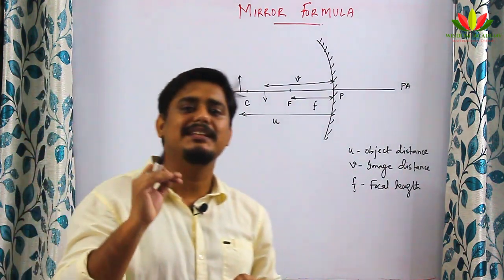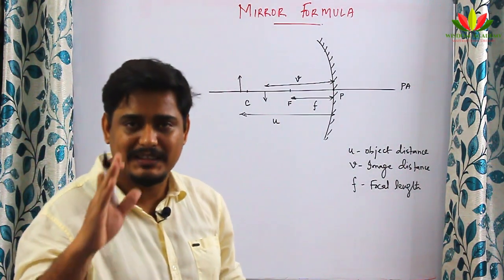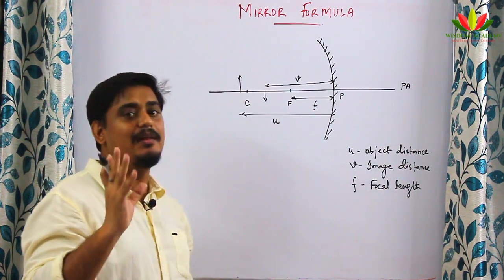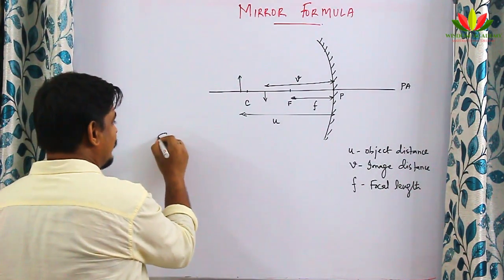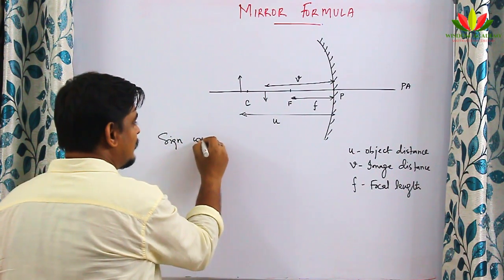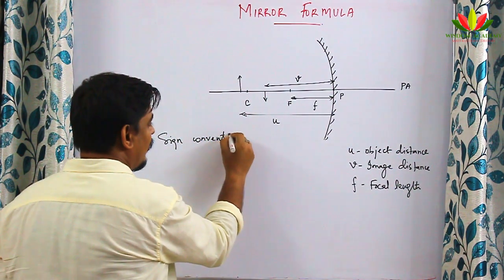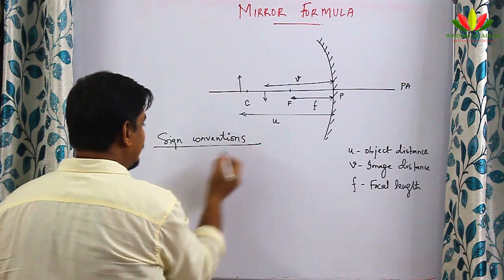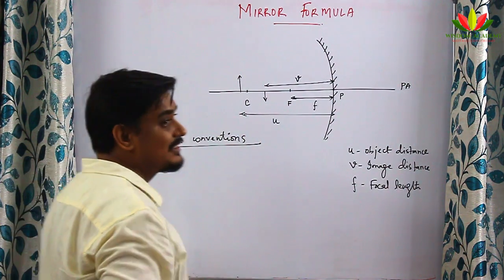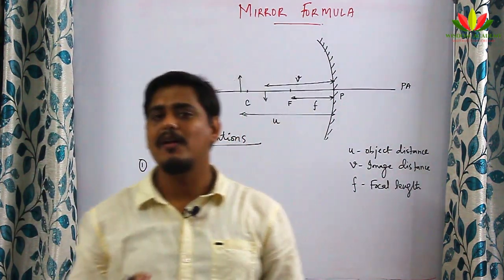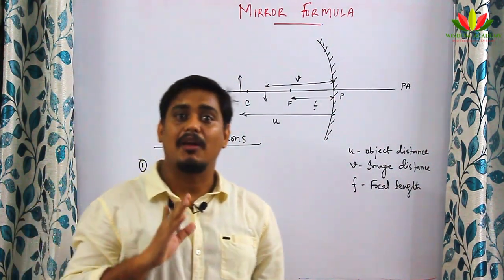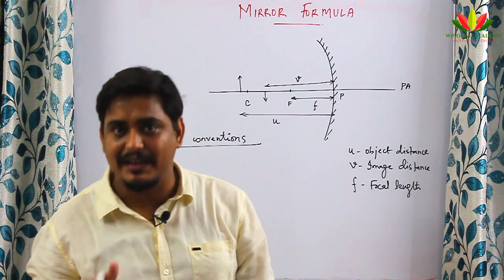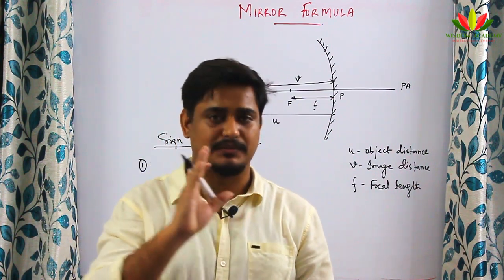Now, the reason I am stressing "from the pole" is because it will help you understand the sign convention. Basically there are two sign conventions. Please write. The first sign convention says that all the distances measured along the direction of incident ray are taken as positive.